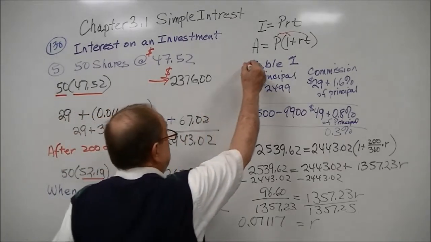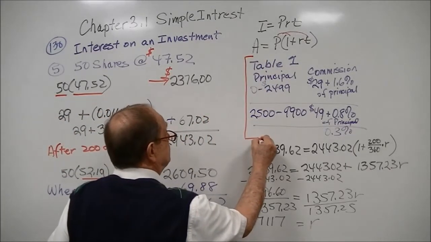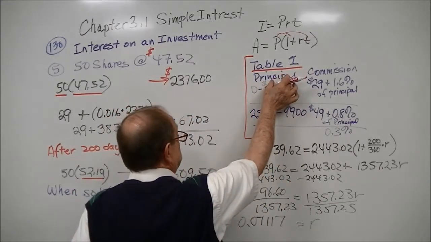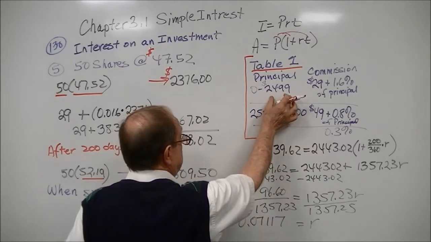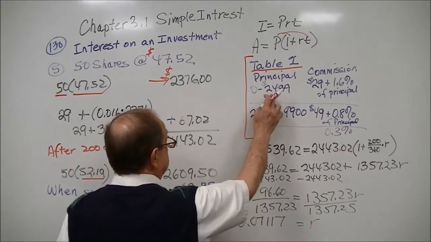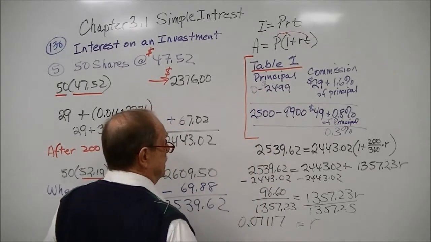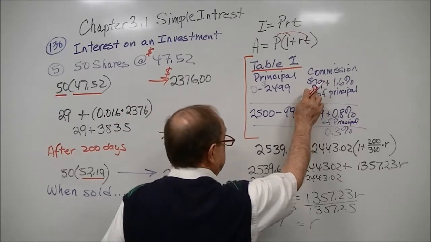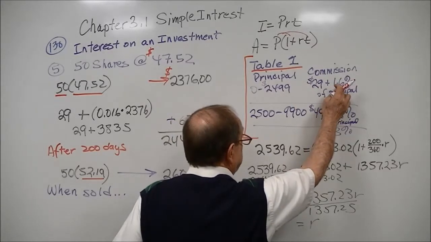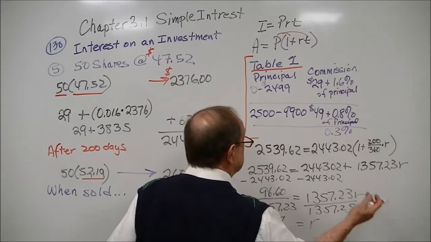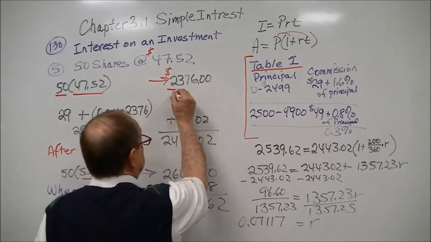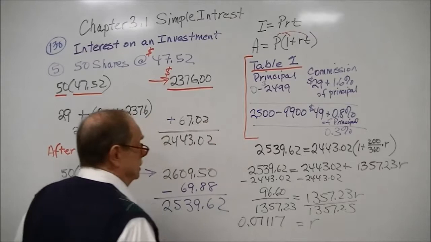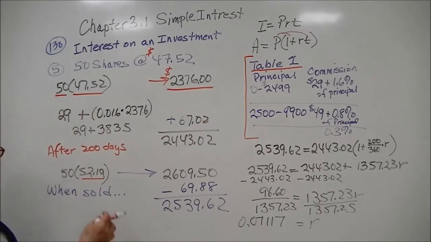So in this table, that's in your book, called Table 1, if the principal is between 0 and $2,499, you pay a flat rate of $29 plus 1.6% of the principal. And that would be what it costs, in a sense.